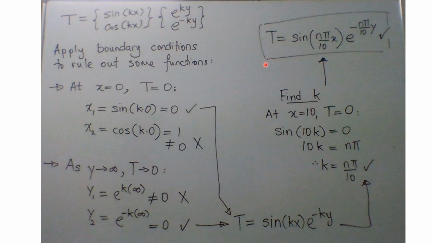So then we have to think of a way to get a solution based on these two, and the idea is that you're going to use the Fourier series to actually get the solution that you want, that is at y equals 0, you want T equal to 100.